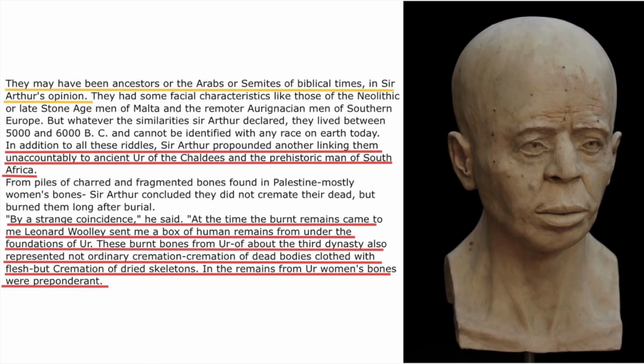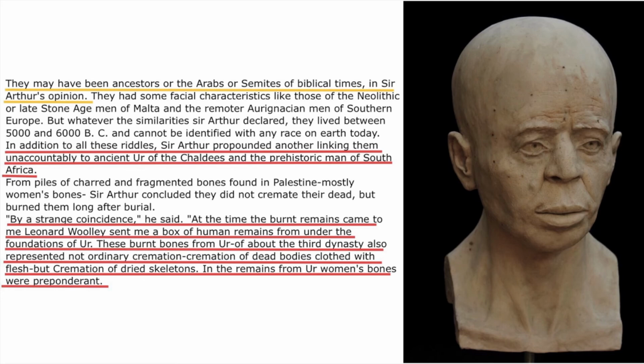So, remember what was said about the Chaldeans when it comes to the Natufians. They may have been the ancestors of the Arabs or the Semites in biblical times, in Sir Arthur Keith's opinion. Furthermore, in addition to these riddles, Sir Arthur Keith propounded another linking them unaccountably to ancient Ur of the Chaldeans and the prehistoric man of South Africa.